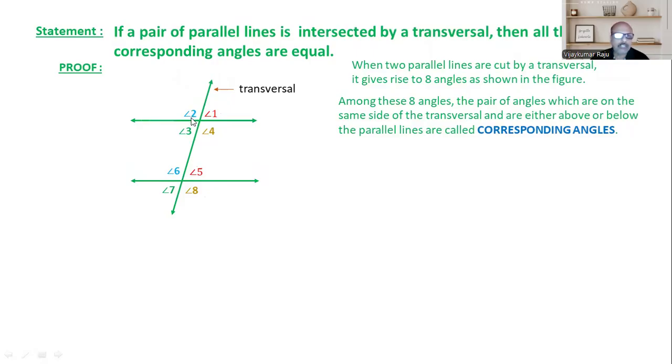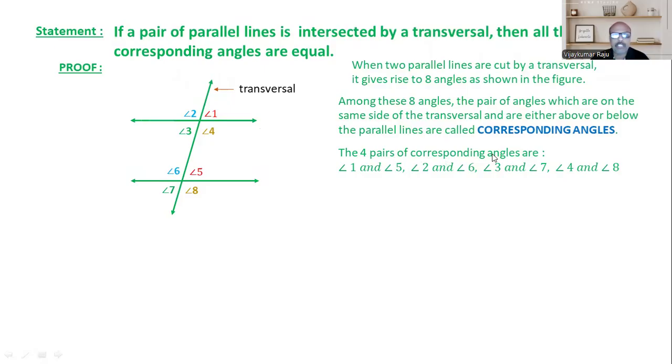Here again on this side, 2 and 6, both these angles are above the parallel lines. 3 and 7, they are both below the parallel lines. So they should either be above or below the parallel lines. Then we call these two angles corresponding angles, and these corresponding angles will be equal if these two lines are parallel.